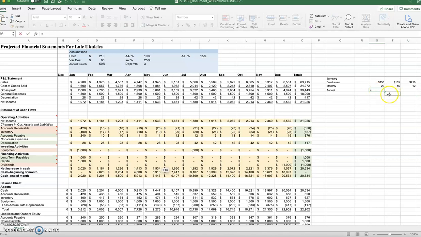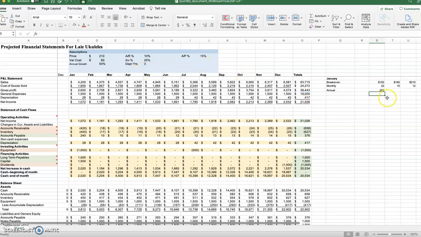So it equals again in parentheses, and we take the general expenses, anchor them, and then add the depreciation and anchor that as well. And parenthesis divided by parenthesis the revenue per unit minus the variable cost per unit, and then we enter it.